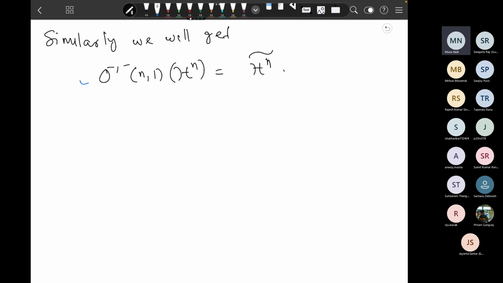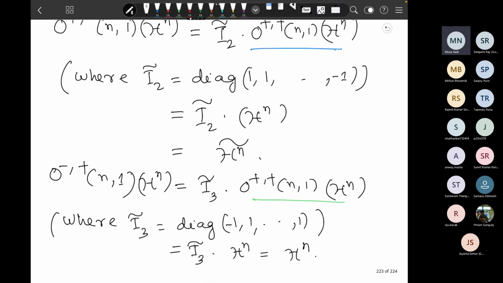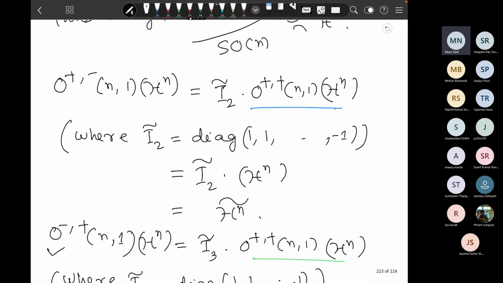So that means SO(n,1) doesn't preserve H^n. But what is preserving H^n? This O^{-+}(n,1) with SO(n,1). So this will actually preserve H^n.